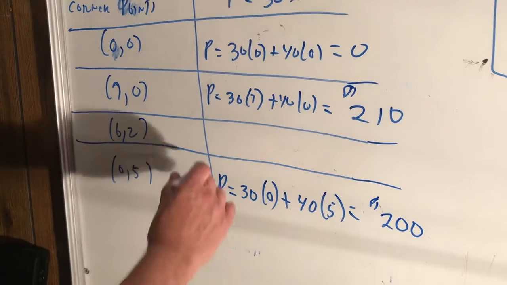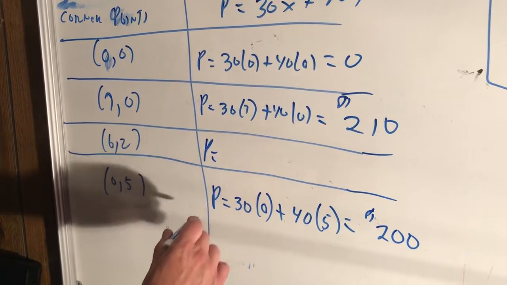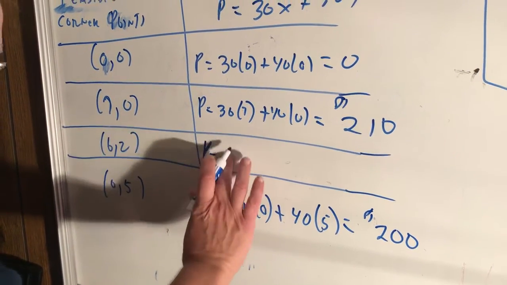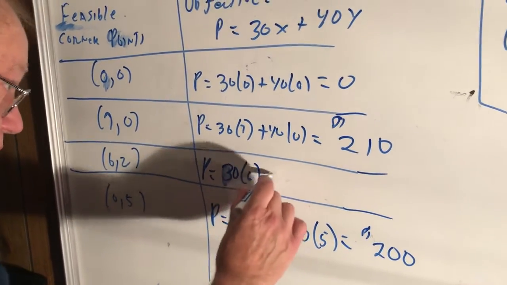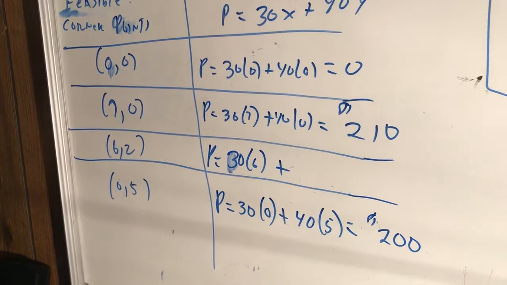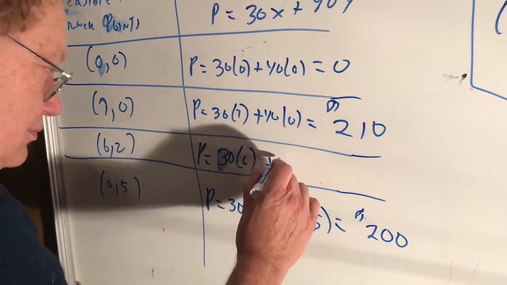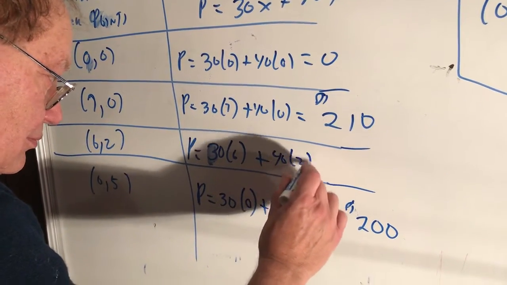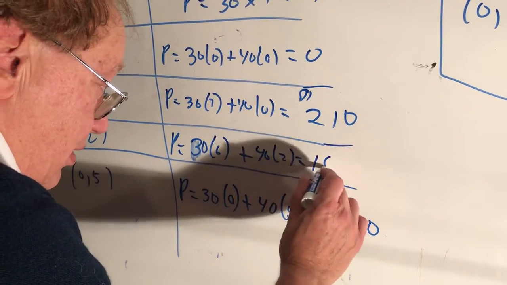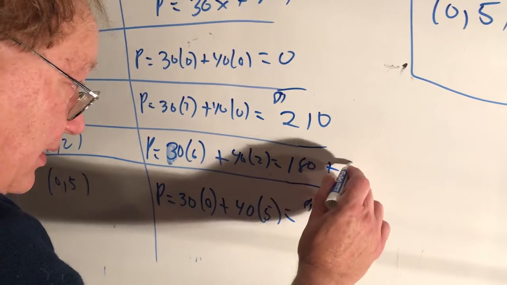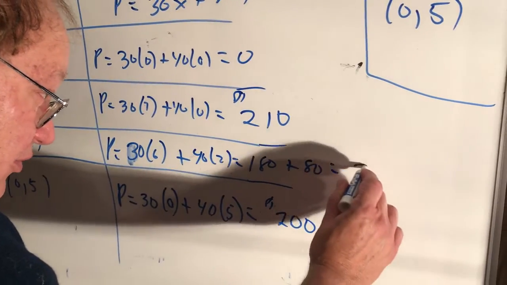Now the next one, x is 6 and y is 2. So we're going to get here 180 plus 80. That's 260.